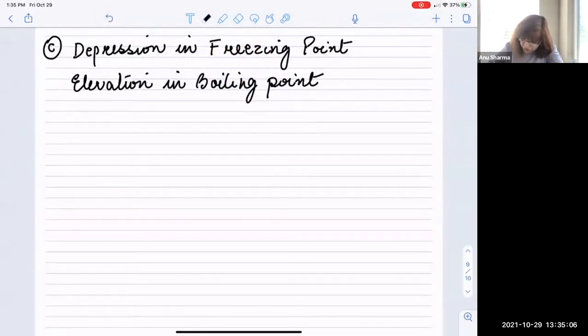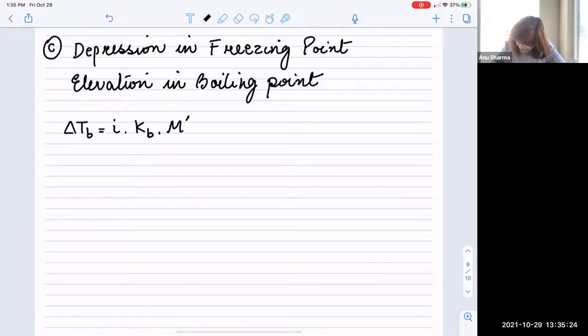Now here you're going to use two formulas. One is delta TB equals i times Kb times m dash.